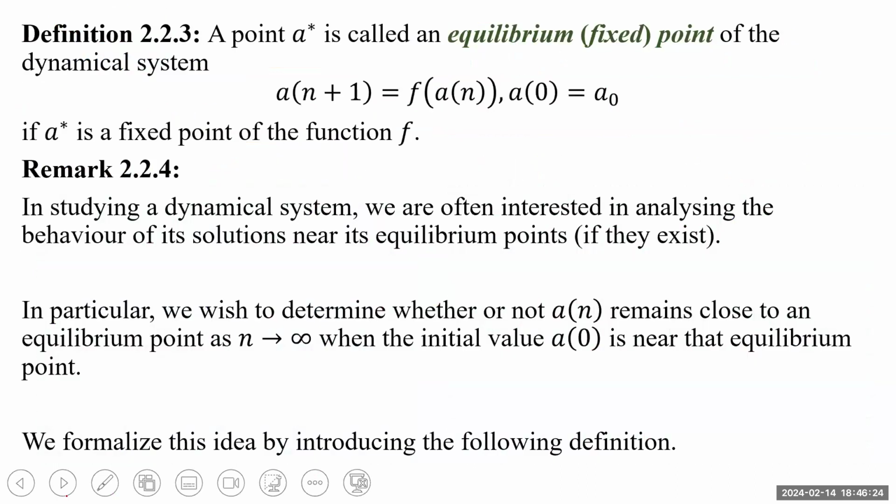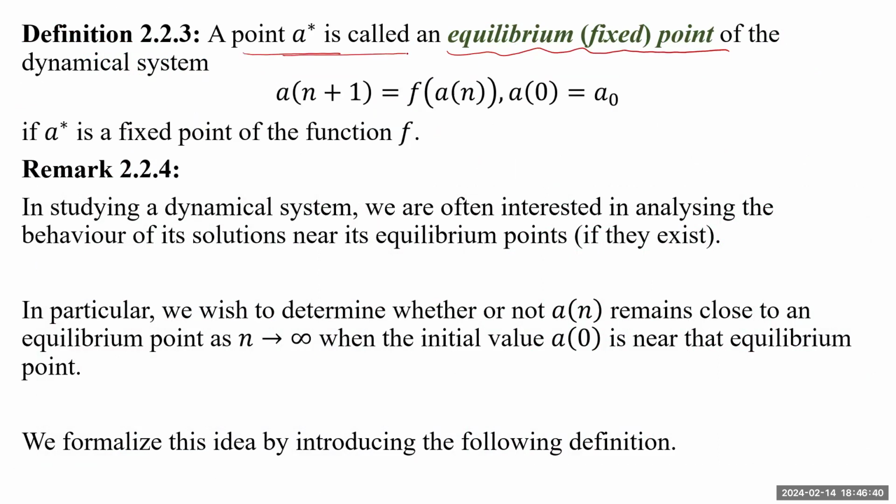So now, based on that fixed point, we are going to define what is the equilibrium or fixed point, right? In our dynamical system, suppose a point a* is called an equilibrium or fixed point. Sometimes they are called a stationary point, right? There are different names.